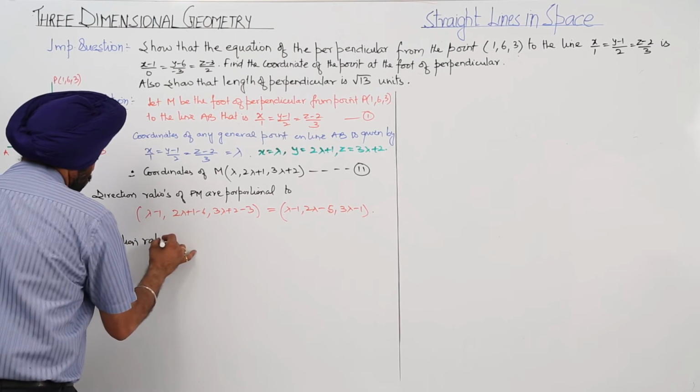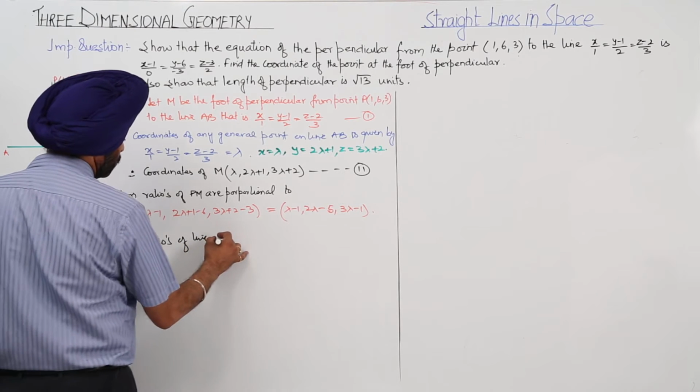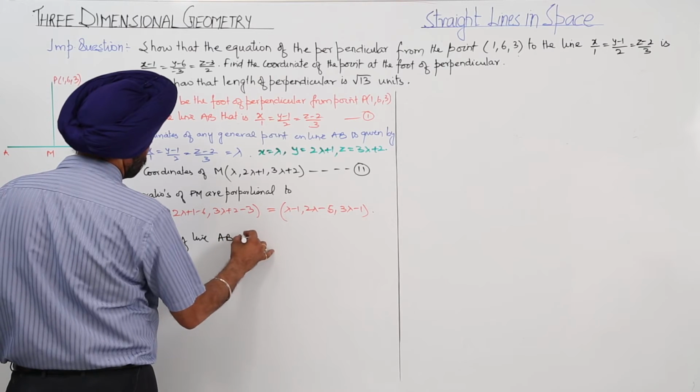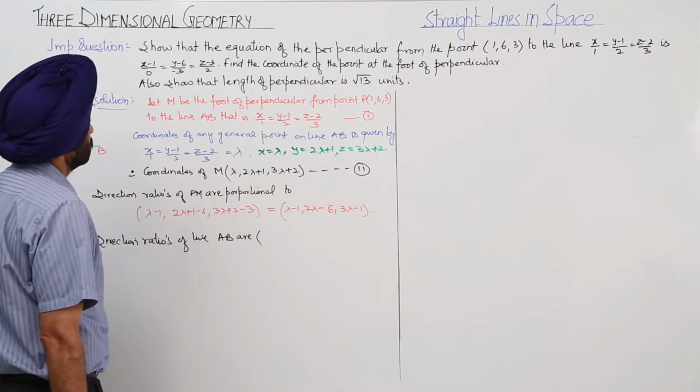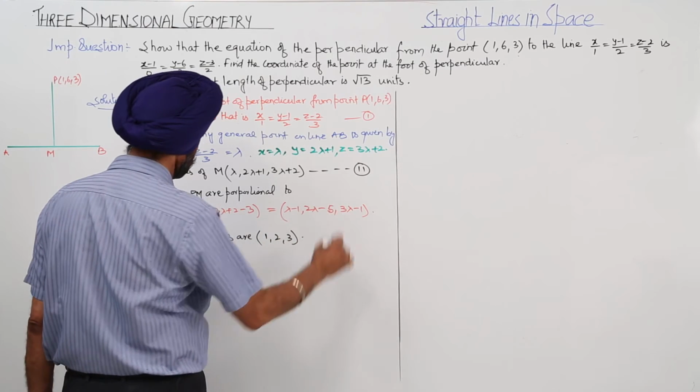Direction ratios of line AB are 1, 2, 3.